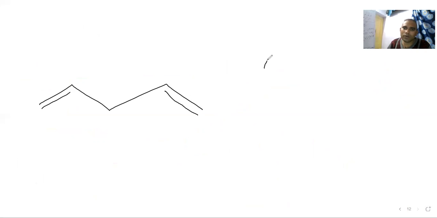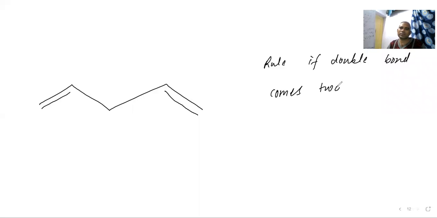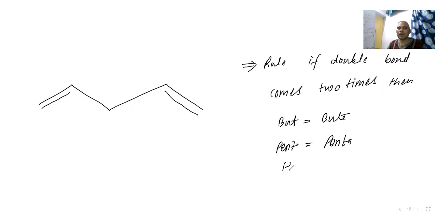One rule is there: if a double bond comes 2 times, then but becomes buta, pent becomes penta, hex becomes hexa.